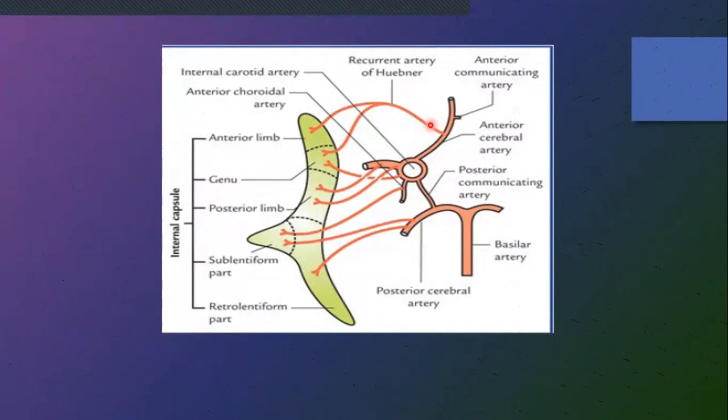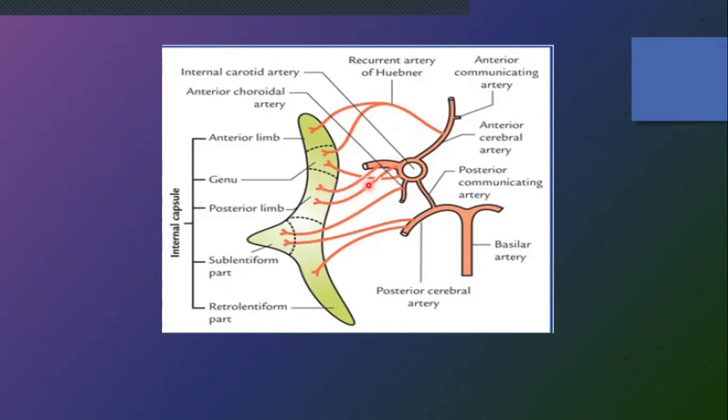Here you can see the recurrent artery of Heubner from the anterior cerebral artery. Then we have, from the middle cerebral artery, the striate branches here.